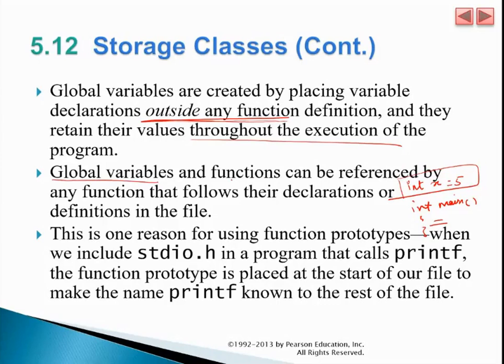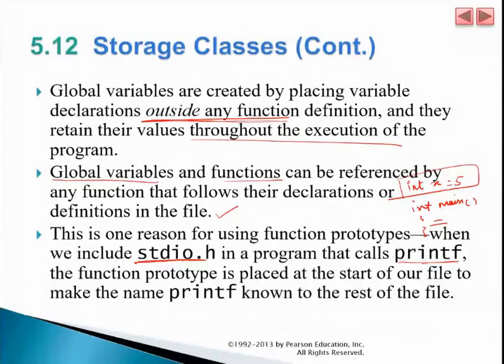Global variables and functions can be referenced by any function that follows their declaration or definition in the file. This is the reason why we place stdio.h at the very beginning of the program. There is the function printf, which is defined inside stdio.h, and we want printf to be used throughout the program. Therefore we place it at the top.